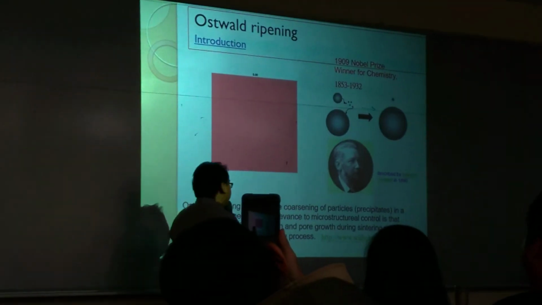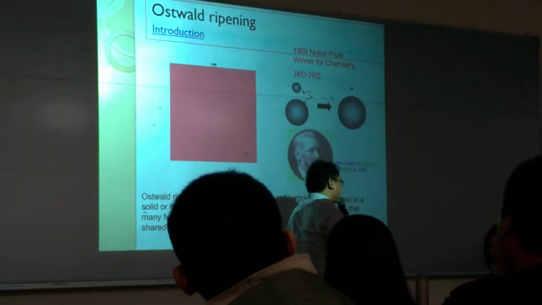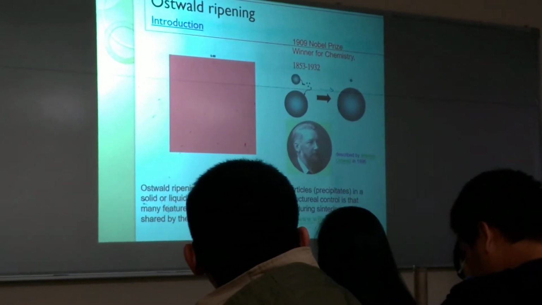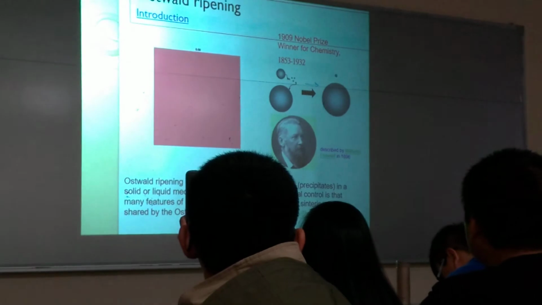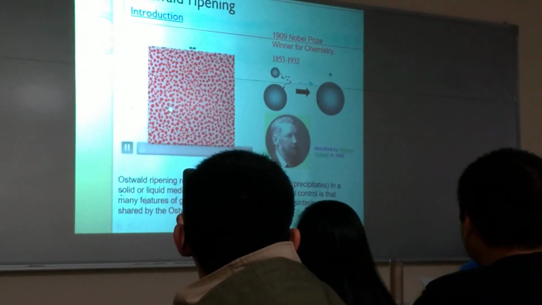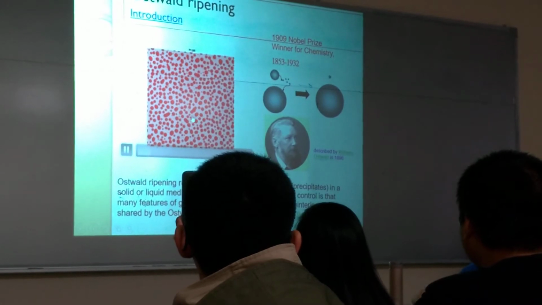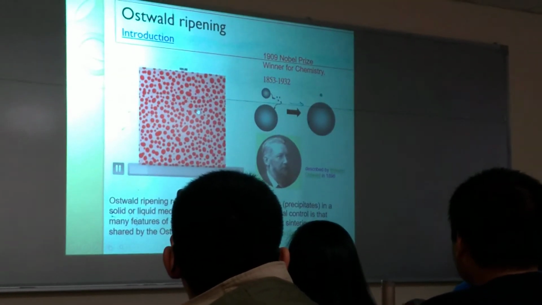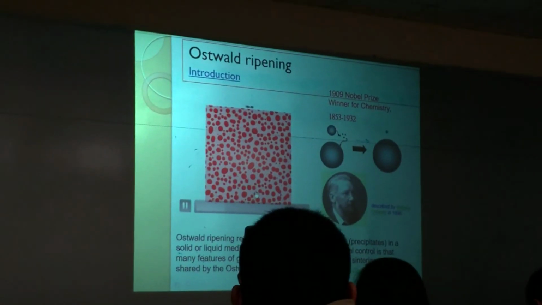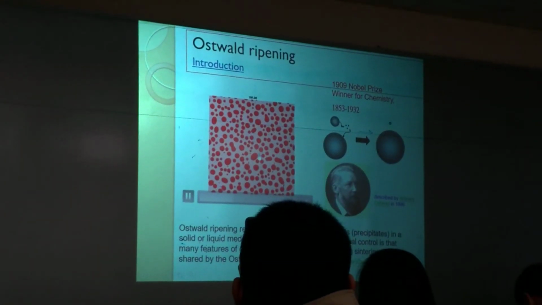Finally, bigger grains will become bigger and small grains will become smaller. So it's very easy. The small ones will disappear through the environment. You can see here we have the darker region. So this is Ostwald ripening.